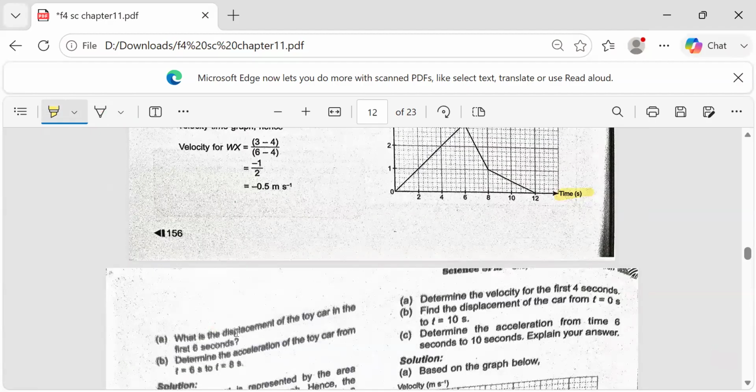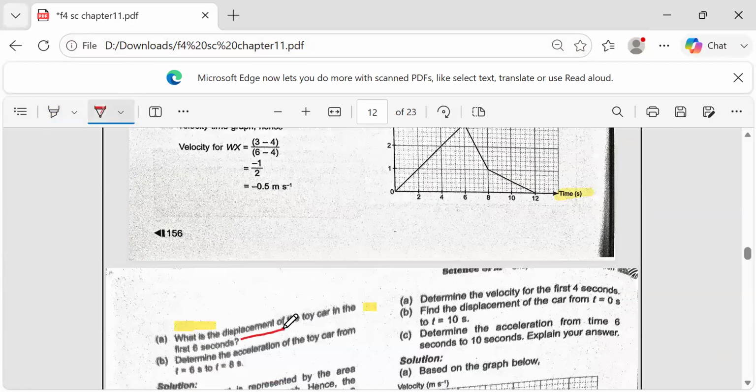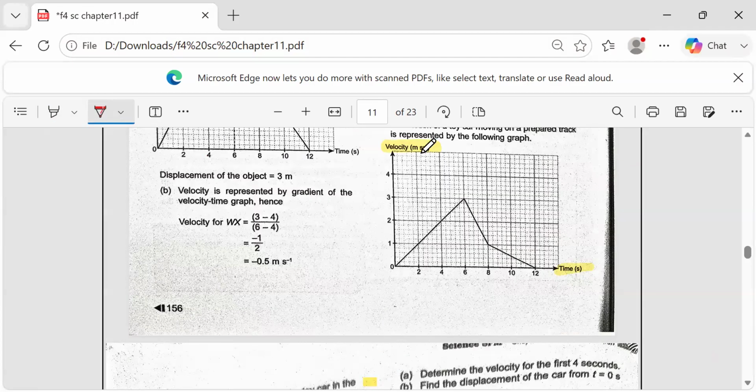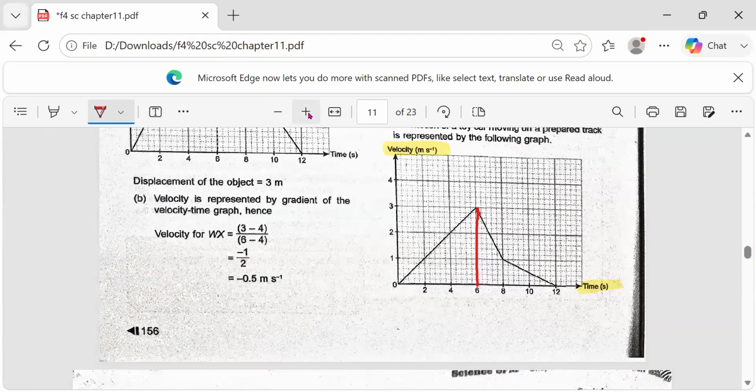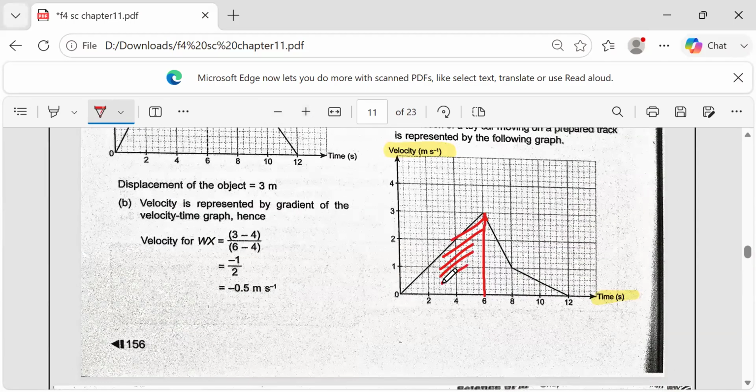What is the displacement of the toy car? Displacement of the toy car at the first 6 seconds. Displacement is the area under the graph. Remember we did this just now? Velocity equals to distance over time. So now they're asking you what's the distance.